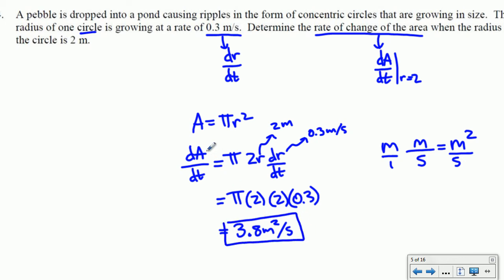That's the rate of change of the area with respect to time. So if you're imagining this ring is growing, that means the entire area is changing by that much per second when you're at a radius of 2 meters.